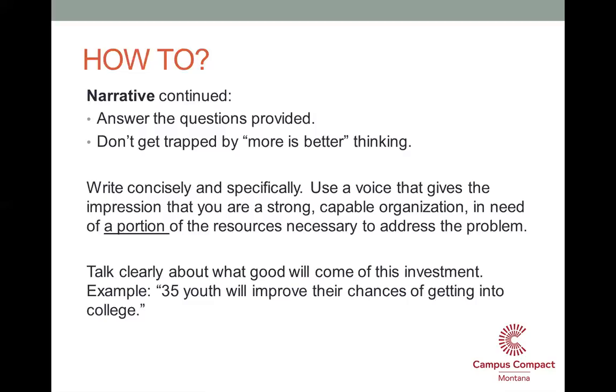Write concisely and specifically. Nobody likes doing this. We like our long sentences. We like our fancy stuff, and specifics are hard. Really writing specifically is a pain, because you've got to do some setting of goals. You have to talk about what you hope to achieve in very clear terms and with metrics associated with it.